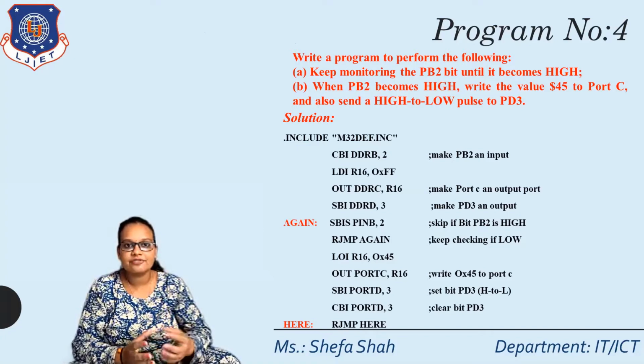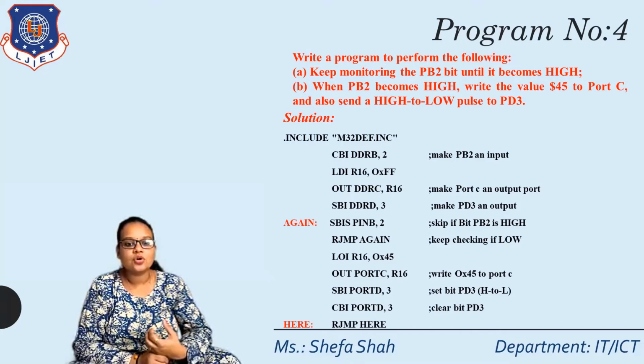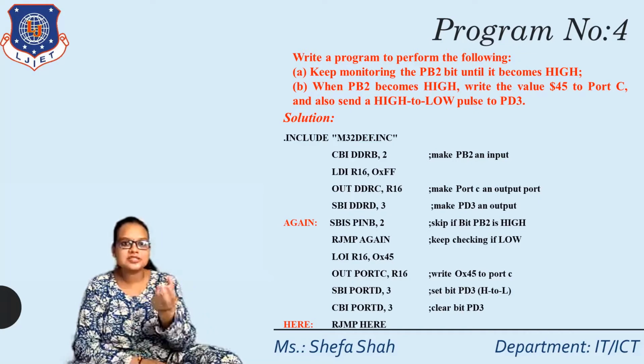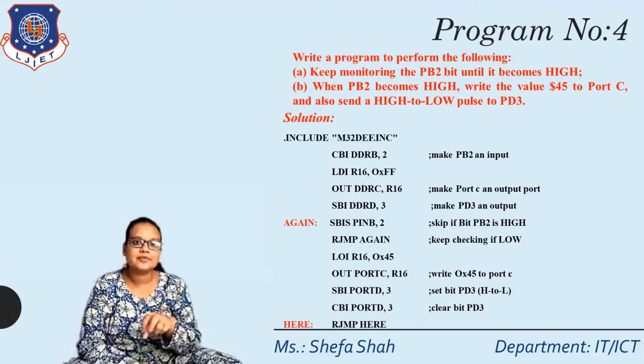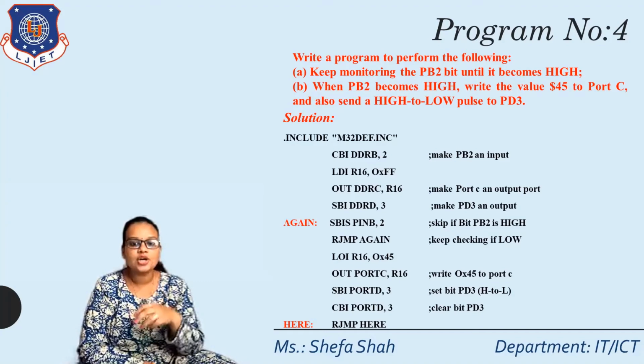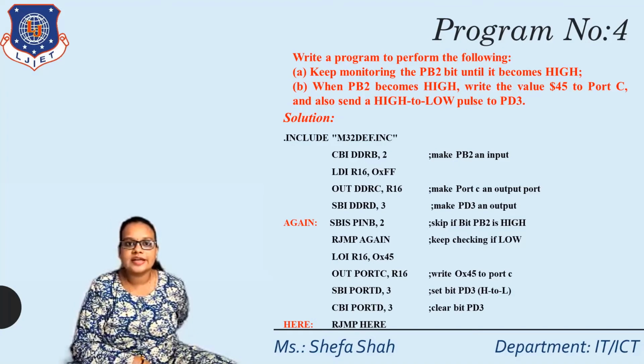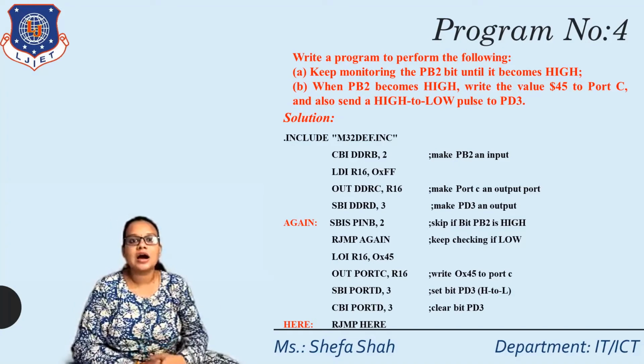First, send 45 data to port C, that means port C is our output. And we also need to send high to low, that is set and then clear, using SBI and CBI instructions, to PD3, that means port D3, which is also working as an output port.